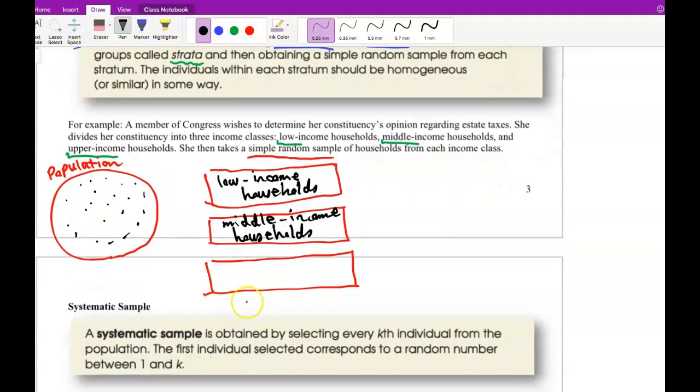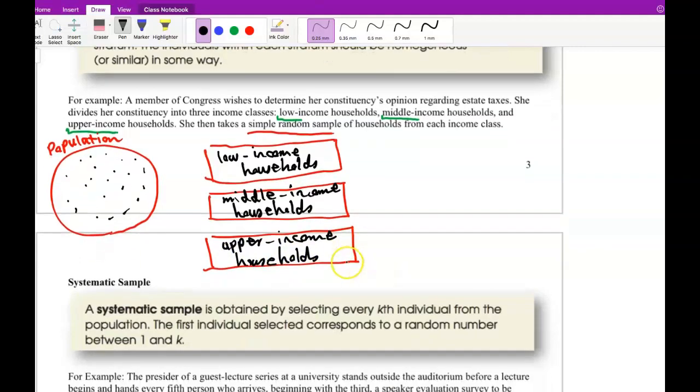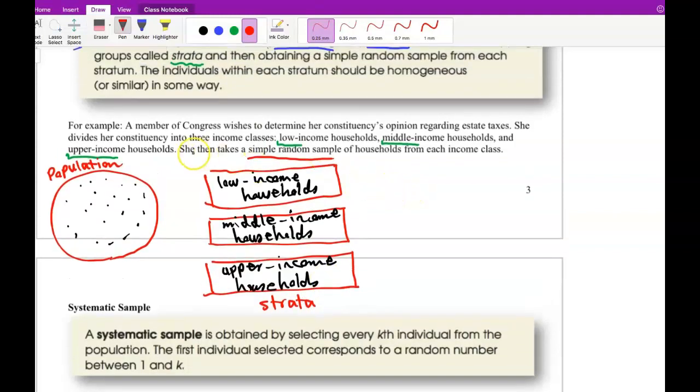And the third group, upper income. So this part was strata. Then after that, she takes a simple random sample of households from each income class.